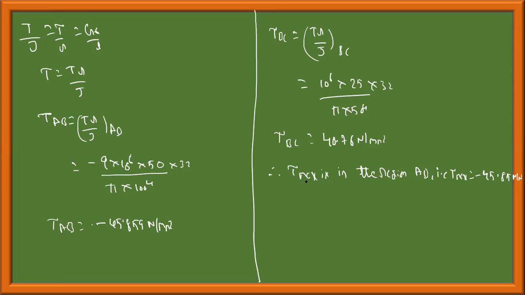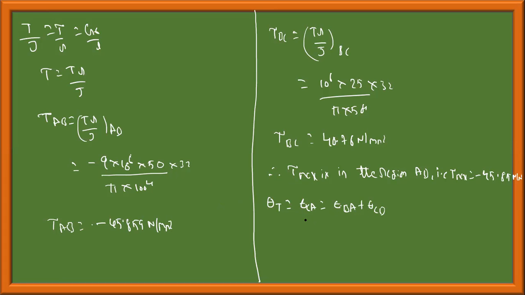Okay. Next, it is asked to find theta. We know that theta total, which is equal to theta CA, is theta BA plus theta CB.